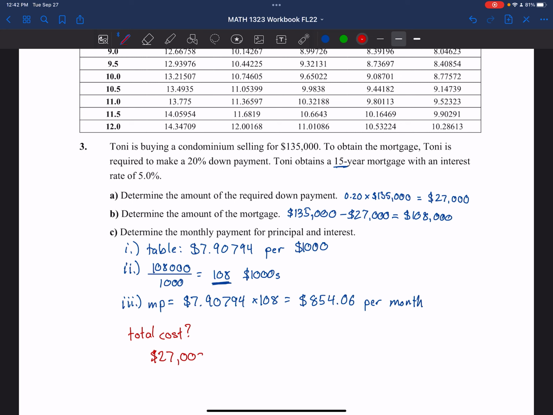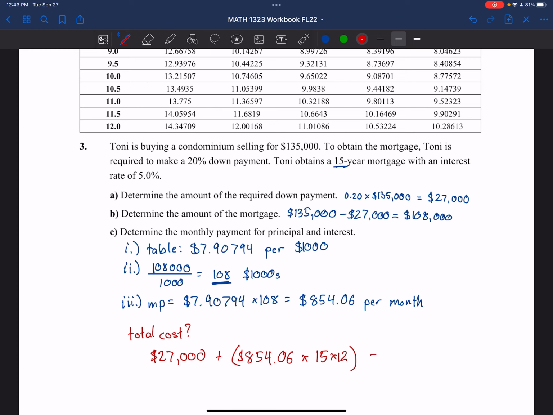So they still paid that plus this $854.06, which is going to be paid monthly for how many months? For 15 years. So it's going to be 15 times 12.